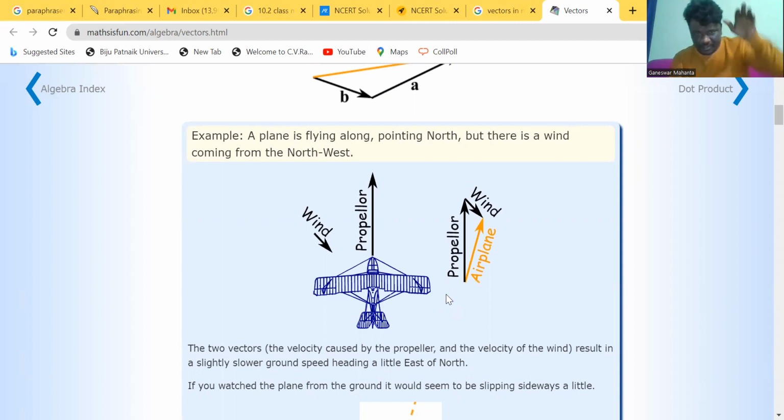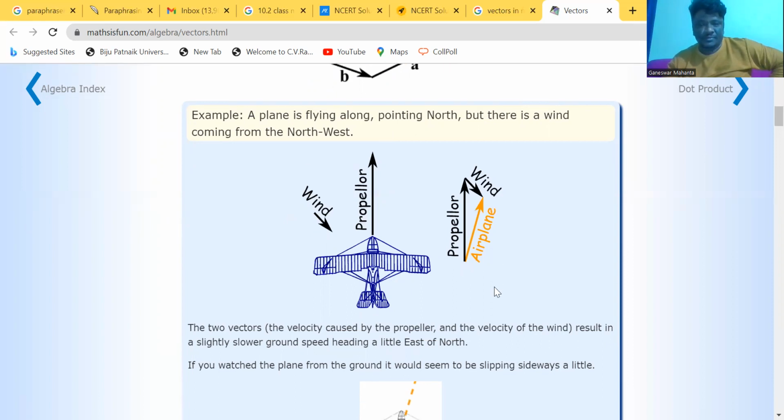The plane is flying, pointing north, but there is a wind coming from the northwest. Here the northwest corner is represented, this is the wind. This is a flight, and this is the plane propeller, and this is the wind.